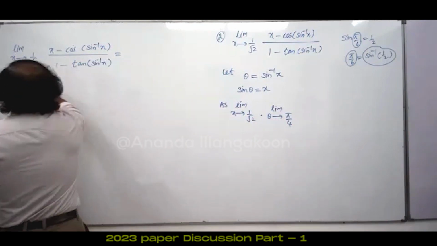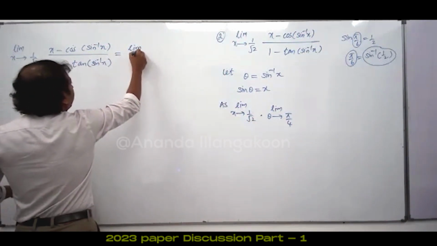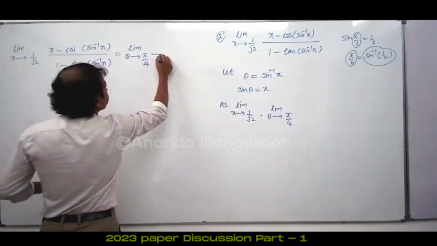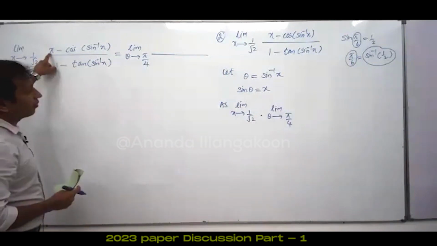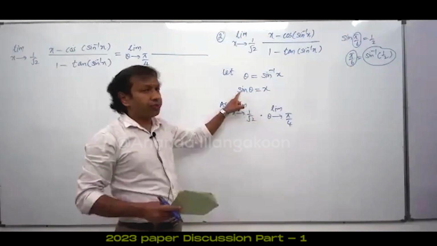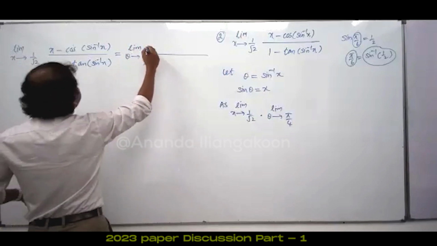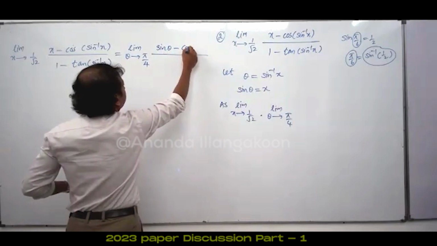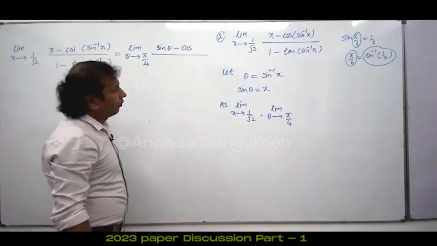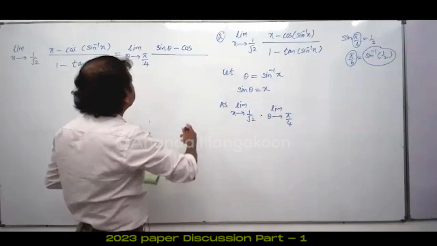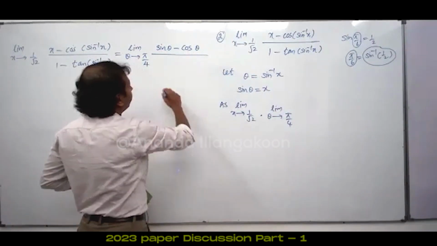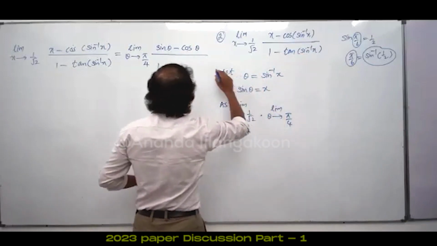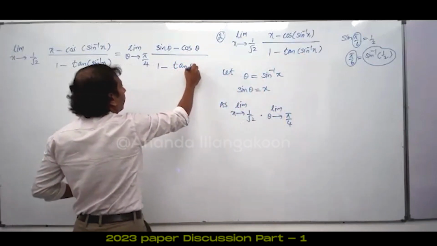So therefore, we replace this by theta going to pi by 4. Now what is this x? x is now sine theta. Put that sine theta there, minus cos of sine inverse x. Sine inverse x is theta. Then 1 minus tan of sine inverse x is tan theta. Okay, right.